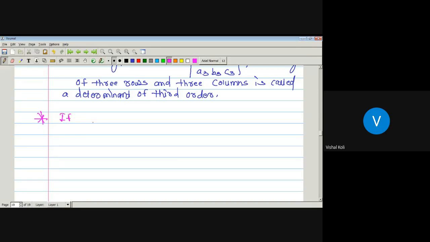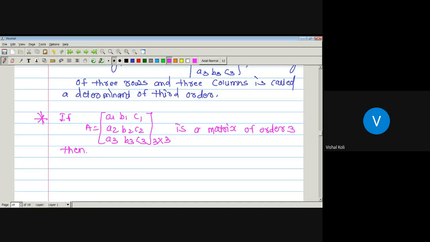If capital A equal to A1 B1 C1, A2 B2 C2, and A3 B3 C3 is a matrix of order 3, then its determinant is given by the determinant of A, denoted by this symbol.